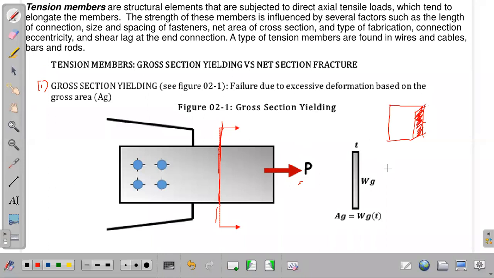Ang gross area natin dyan would be simply the gross width times the thickness, kung anong thickness nitong plate. Yan yung magiging gross area natin pagka ito yung in-apply nating force. Okay? So pagka hindi dumaan sa butas yung failure or hindi dumaan doon sa bolt, gross section yielding tayo. So yan yung unang failure for tension member.